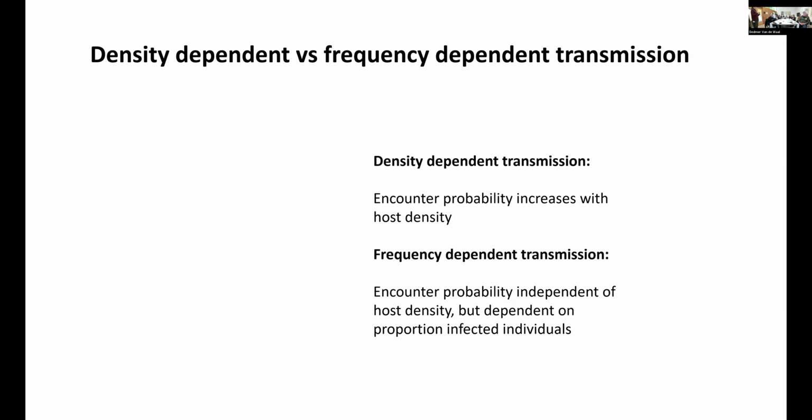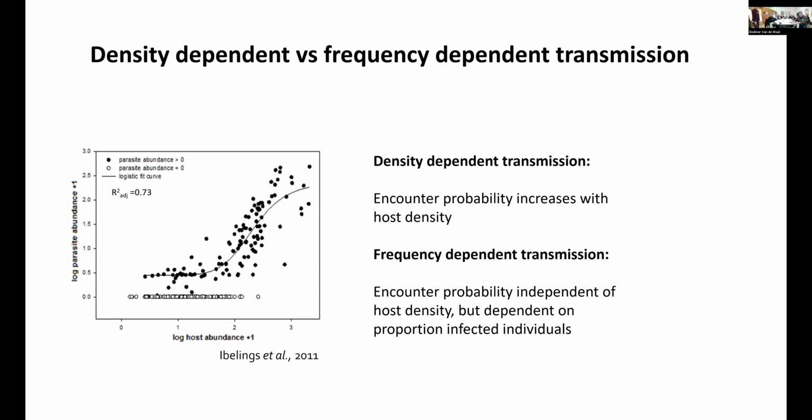If you have a mosquito carrying malaria, it doesn't really matter whether there's 100,000 people in front of that mosquito or 10. And it's also the same for sexually transmitted diseases.